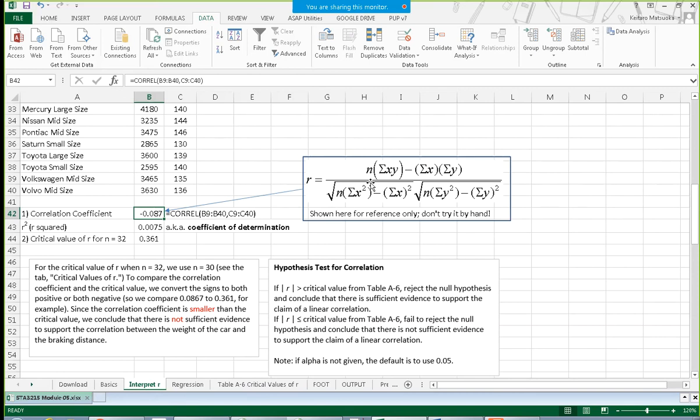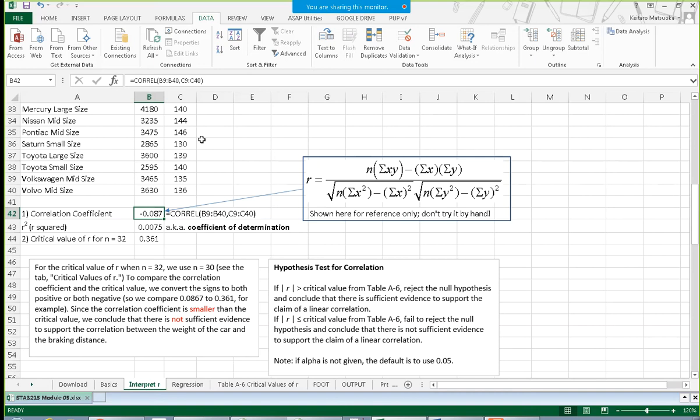Here's what you've got to do. As you can see, it's very complicated, one of the most complicated formulas you've seen in statistics. So if you've been doing calculations by hand, this is the time you use Excel, because this would take pages and pages just to calculate one correlation coefficient. Fortunately, we have Excel to do this for us.